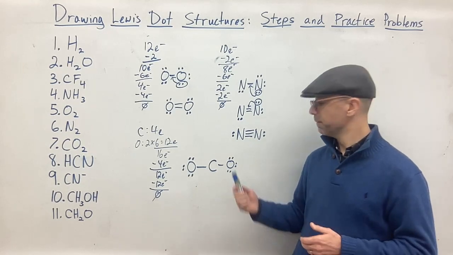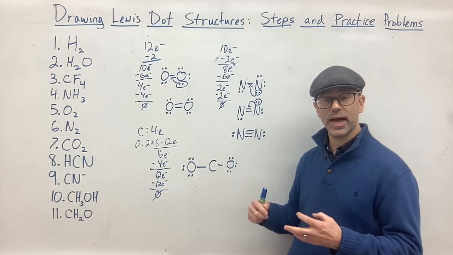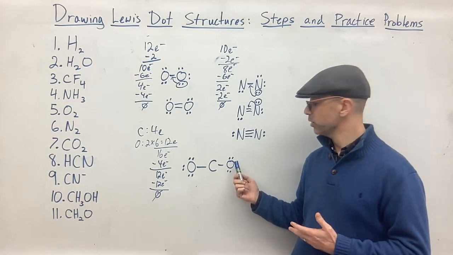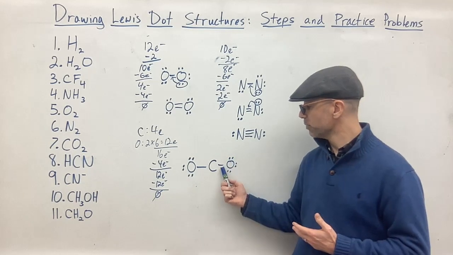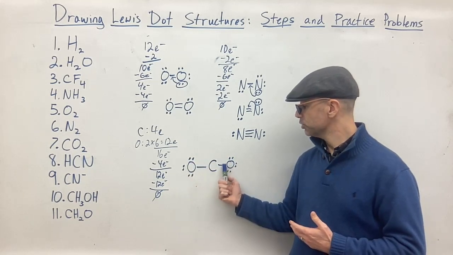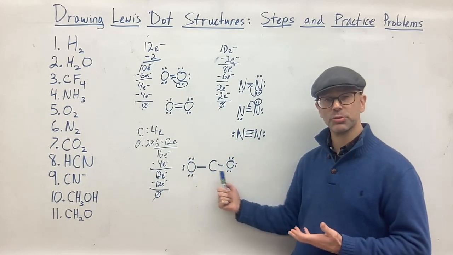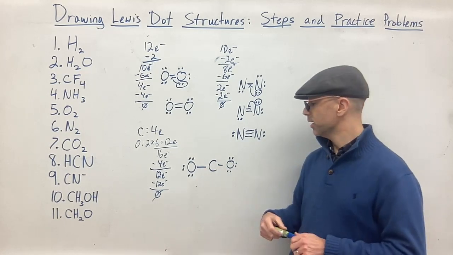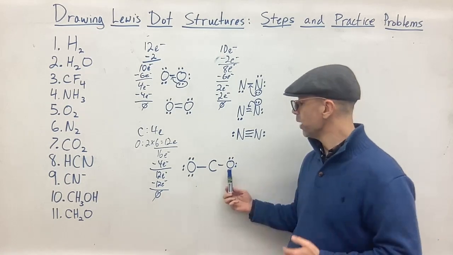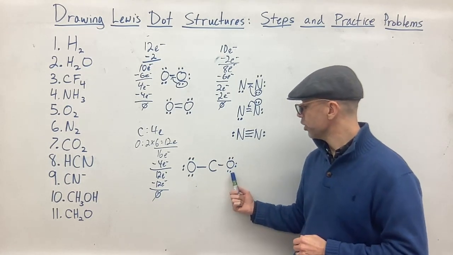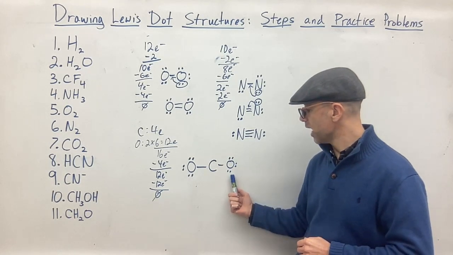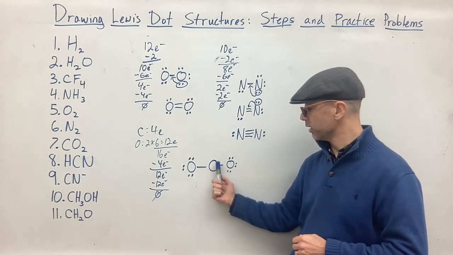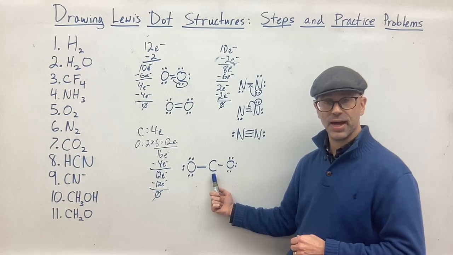Step 6 says, again, if your central atom doesn't have an octet, then you need to move lone pairs from your oxygens to create bonds, double bonds, triple bonds, in order for carbon to have an octet. Now, there's a couple of ways you can do this. You can either take 2 lone pairs from one oxygen and create a triple bond, and that would give carbon the octet, right?